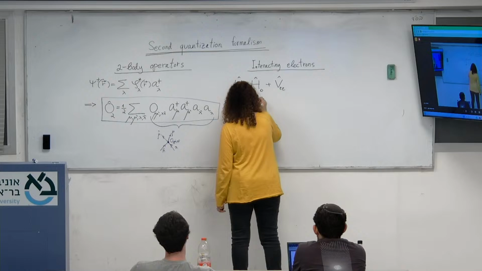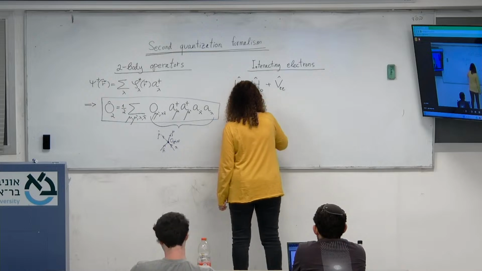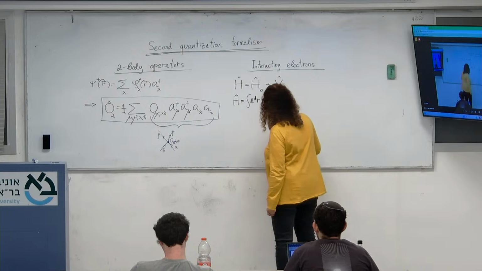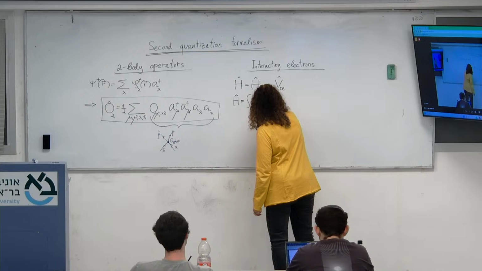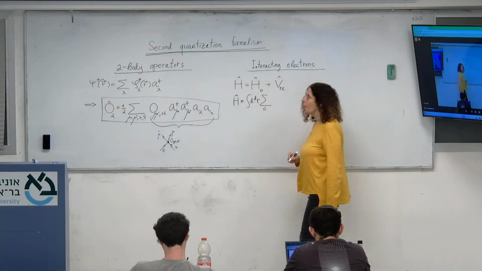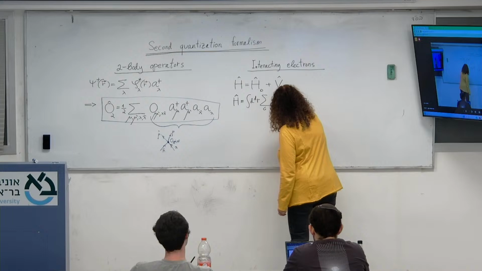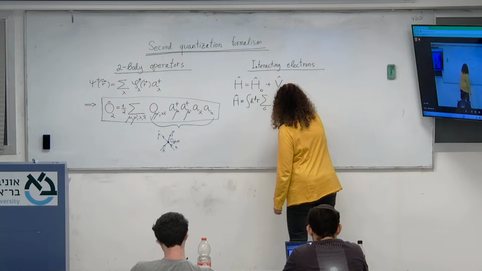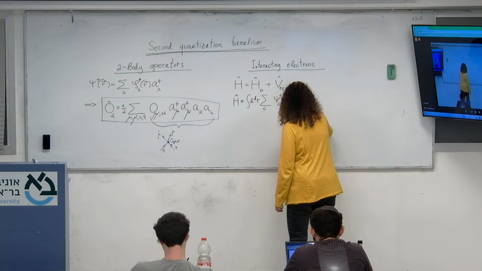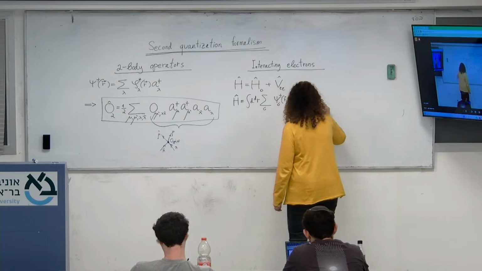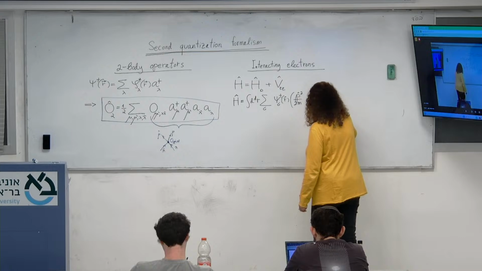We can write it as an integral over coordinates r, and there is also a spin, and the sum over sigma of psi sigma dagger r times, and here I have p squared over 2m plus some potential.